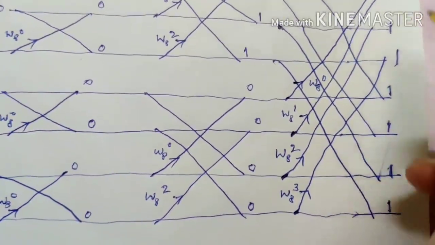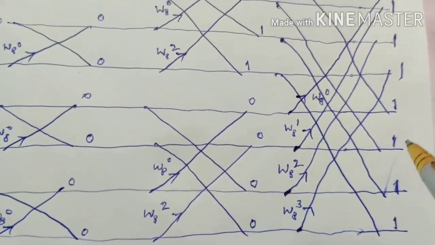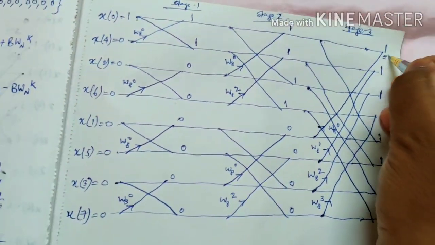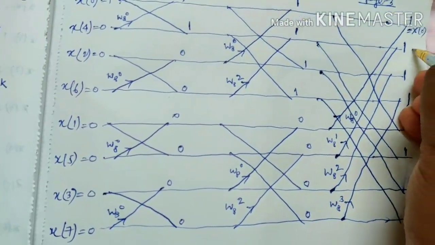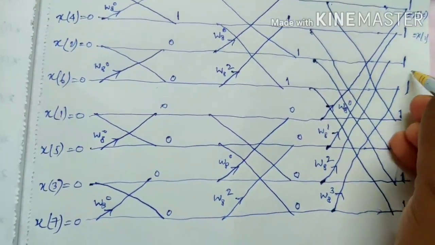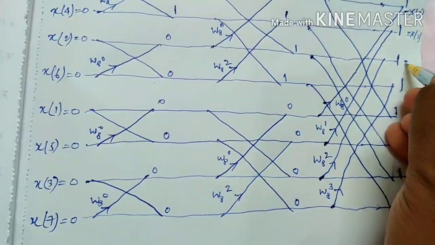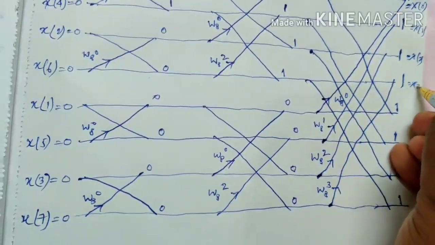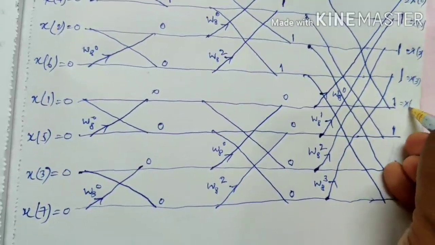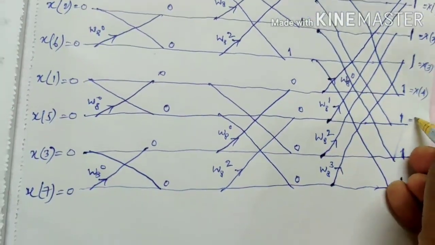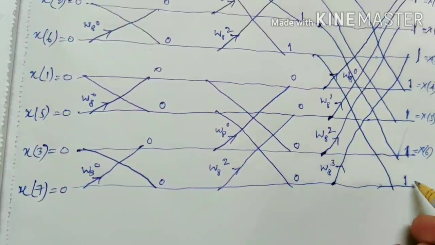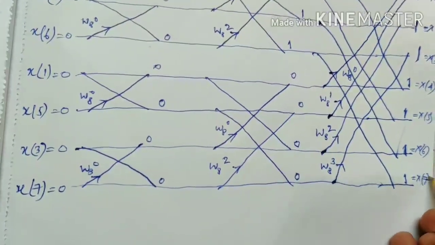So the output of the DIT algorithm is in sequential manner. That will be x0, x1, x2, x3, x4, x5, x6 and x7.